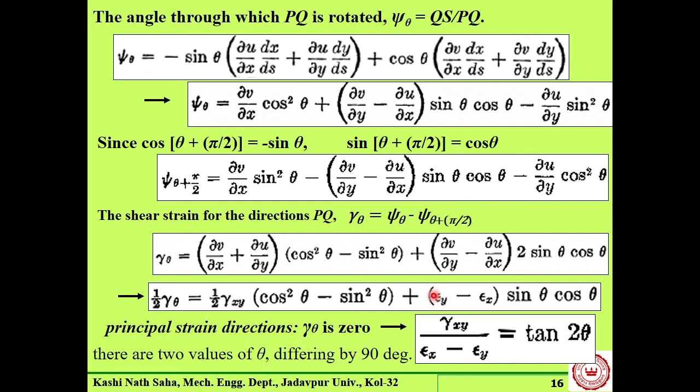Whatever it is, the thing is, for principal strain direction, the shear strain is 0. So we have to take a derivative of this with respect to theta, and make the derivative equal to 0. This is what you get.